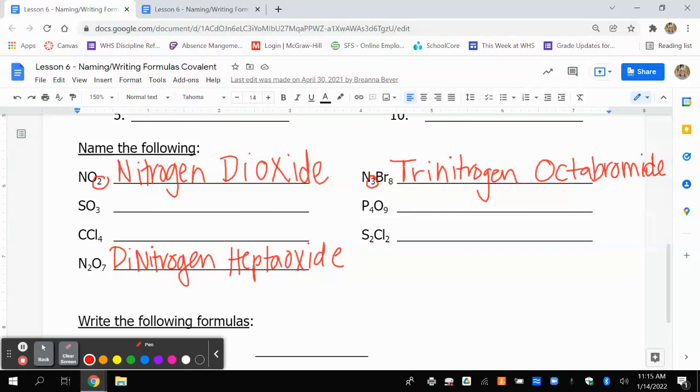So you're just putting the prefix that goes with the number of atoms. The only catch is if the first element only has 1, we do not include the prefix. But if the second element only has 1, we do include the prefix mono. So keep that in mind as you're going through the practice.